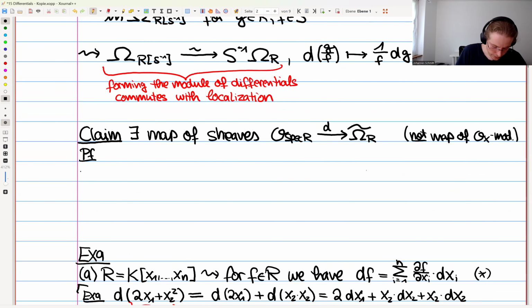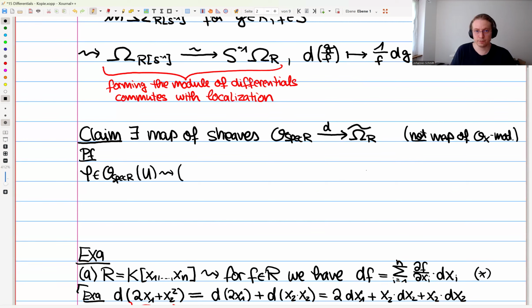Well, if you start with phi in O of Spec R on some open set U, then by definition, this thing is given by a compatible collection of elements in the stalks, so phi_p in R_p, p in U. So these are elements of these stalks, and the condition is that phi_p is equal to g divided by f locally.